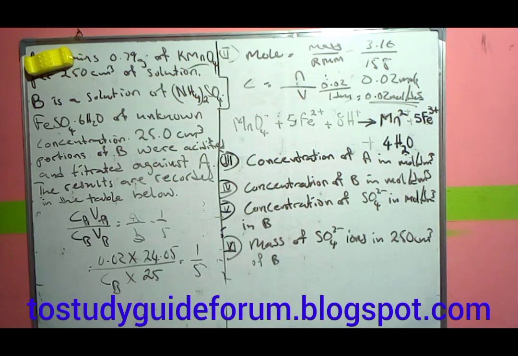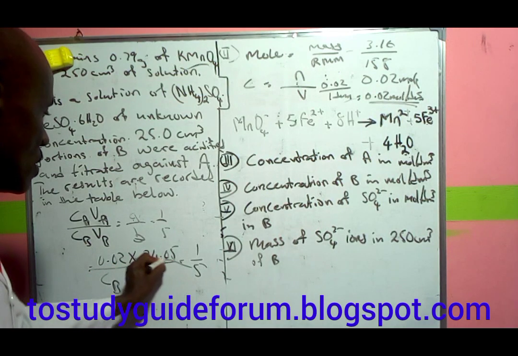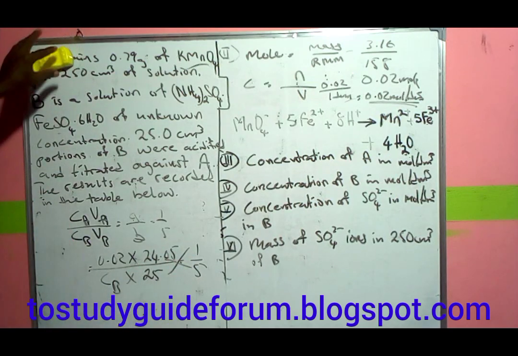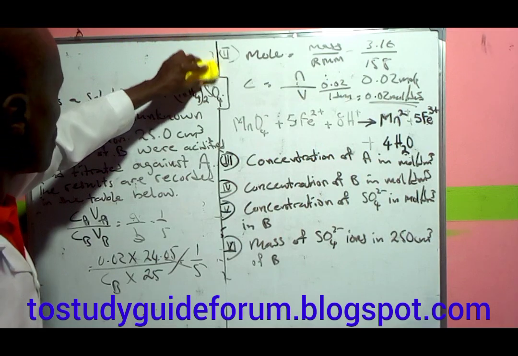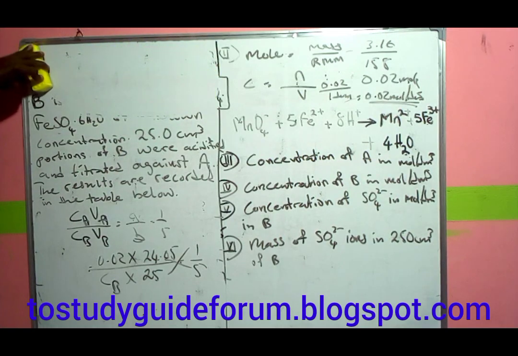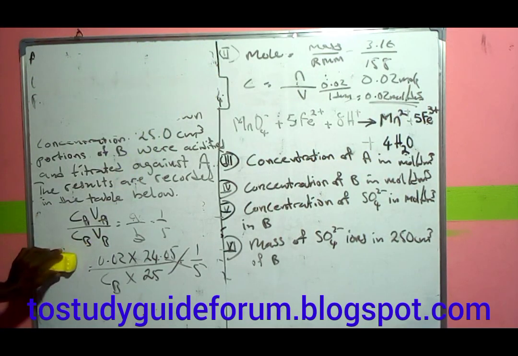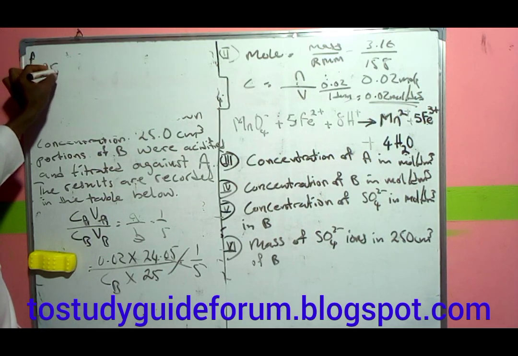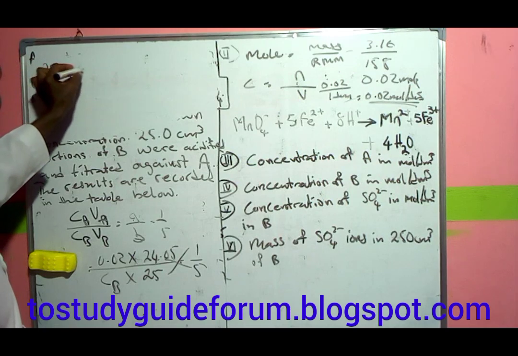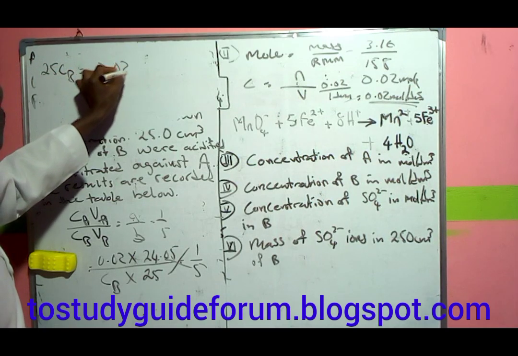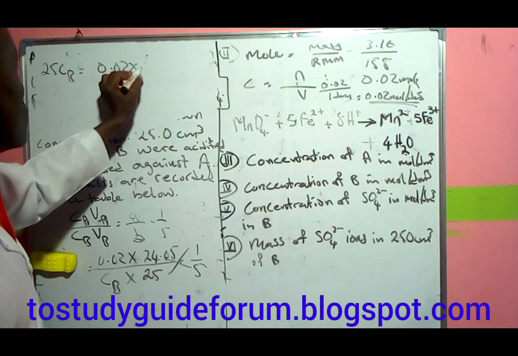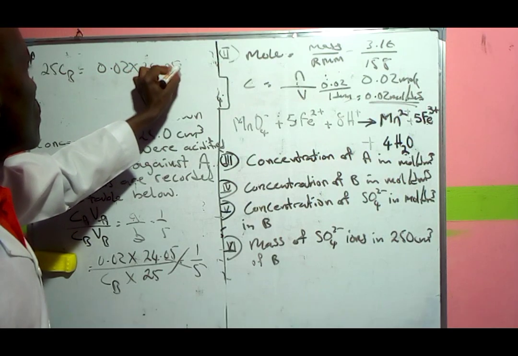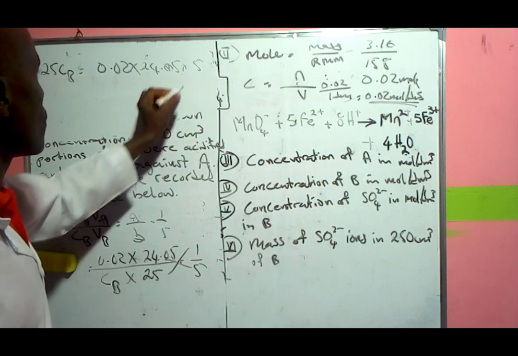Now the next thing we do is cross multiply. If we cross multiply, we have 25 CB equal to 0.02 times 24.05 times 5.